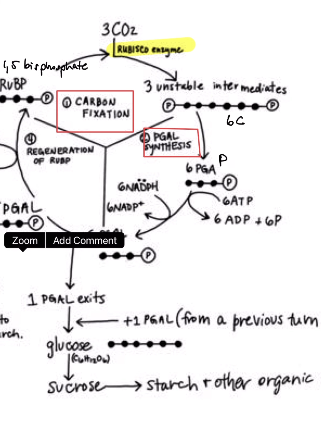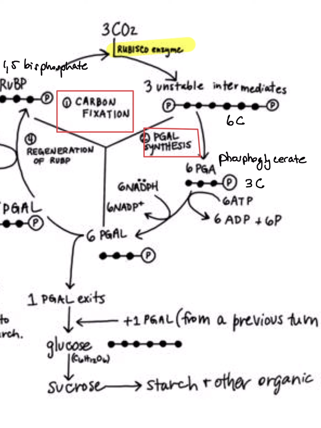So the PGA is phosphoglycerate, and these are 3 carbons big, and they still do have 1 phosphate attached to them. So what happened here is the unstable intermediates were cleaved in half. We had 3 of them here at the beginning, and so if you cleave 3 in half, you'll end up with 6 of these phosphoglycerate molecules.